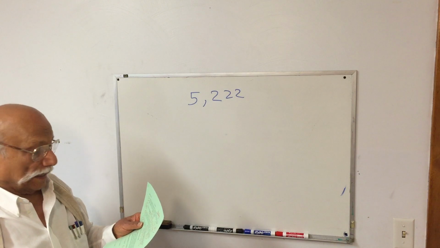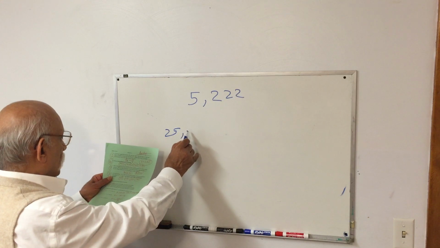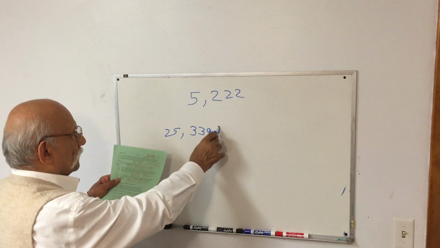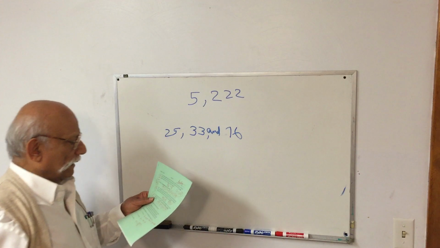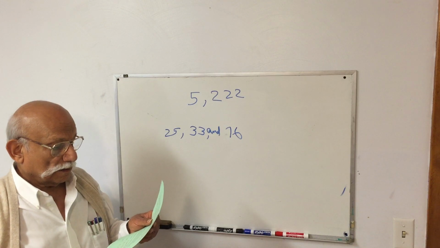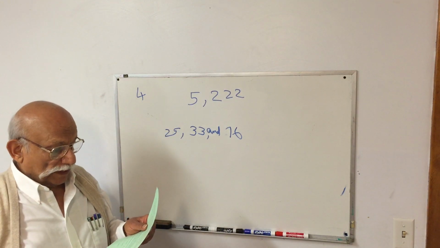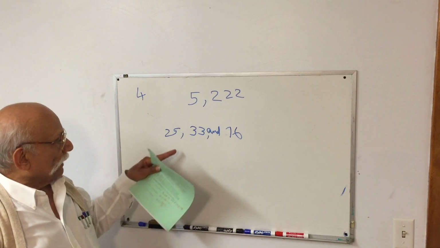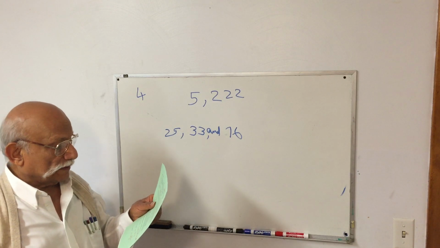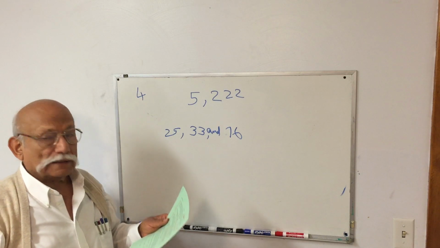The victor exceeded the opponents by 25, 33, and 76 votes. Repeat again. In a recent election, 5,222 votes were cast for 4 candidates. There are 4 candidates. The victor exceeded the opponents by 25, 33, and 76 votes. Find the number of votes received by each candidate. So do that. And make sure you study the other stuff.